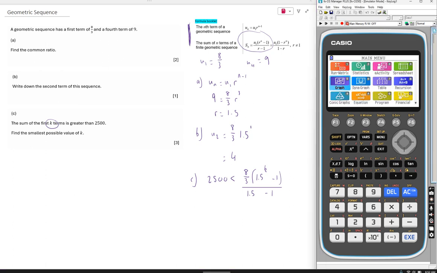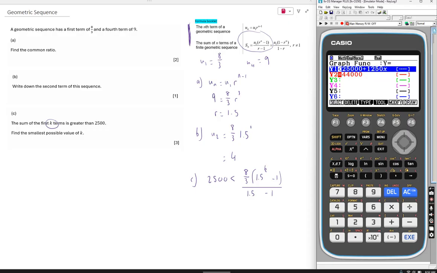Now, a few ways that you could solve this. The way that I like to do it is get my graph, delete these old ones. Let's change the type, so that y is less than, like that. Now I can type in my equation.